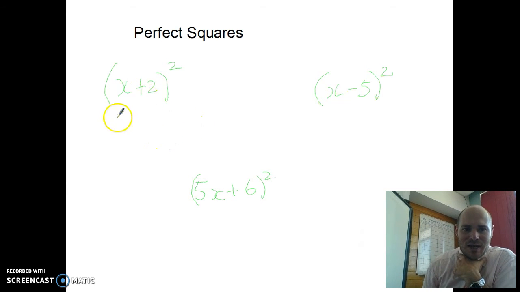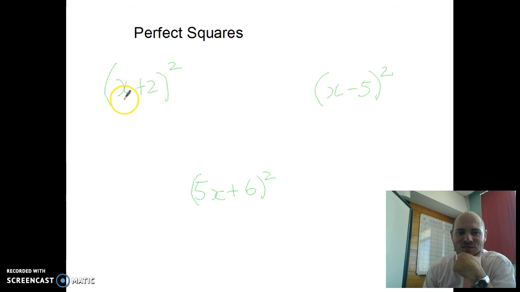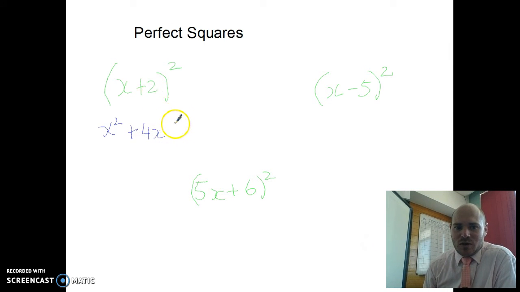Now we did these ones in our heads. So when it's in this format, where there's nothing in front of the x, all I do is my x is squared. Then I look at this one and I double that. So I double my 2 to get 4, that becomes my coefficient, and then I square it. So 2 times 2, also 4.